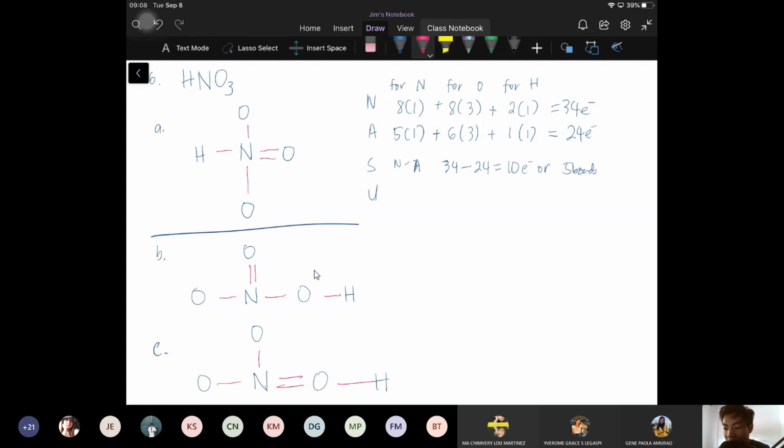By just looking at the structure, sino yung mali agad? Quick elimination tayo. Emergency meeting. Sino yung impostor? A, B, or C? By just looking at the structure, sino pwede tanggalin?